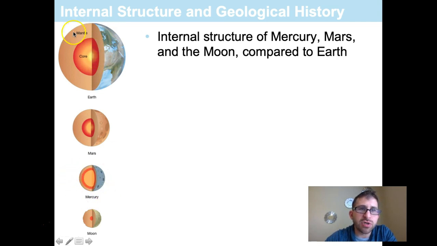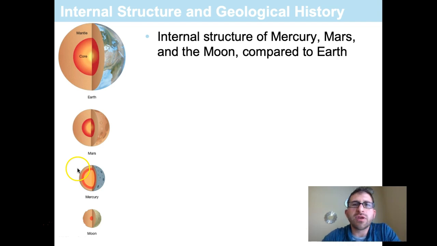Now, compared to Earth, you'll notice that Earth has a very large core and a relatively large mantle. Mars has a pretty good balance. It's pretty similar to the Earth in many ways. It's got a decent sized core compared to its mantle size. Mercury, on the other hand, you'll notice has a very large core compared to its mantle.